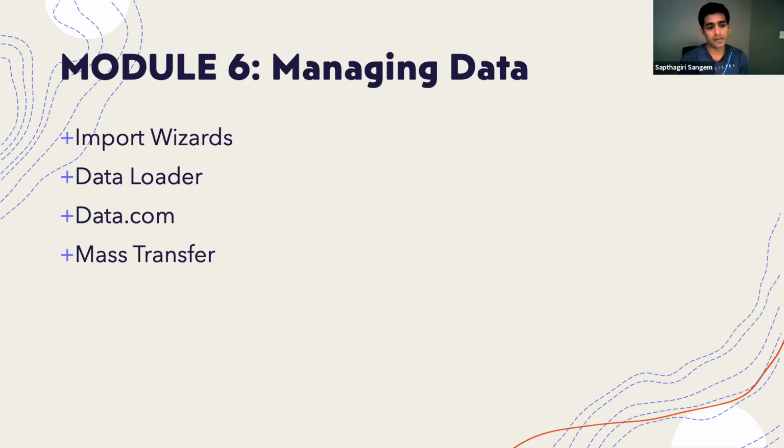And then the mass transfers. As you may have observed in Salesforce so far, every time we create a record, there is one field on the record called owner. That will be assigned, and if we don't do anything, the owner will be the creator. If we have any rules, potentially you can change the owner to somebody else.